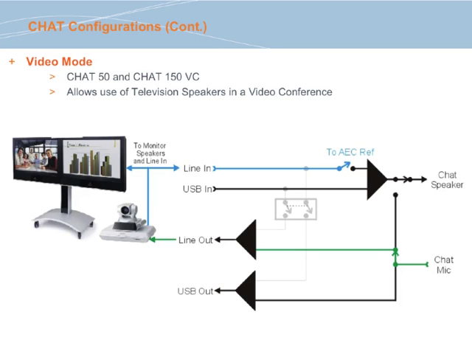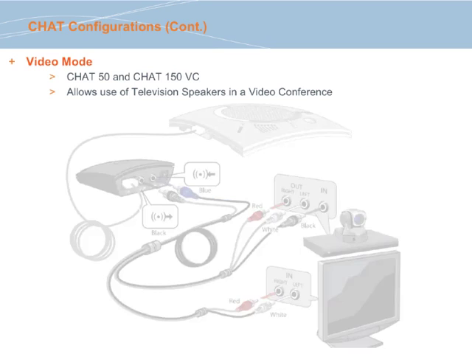However, it must still be connected to the line-in of the chat, so the acoustic echo canceller has a reference of the audio coming into the room. Microphone audio is not affected and is routed to the line out, which is connected to the video conference system's input. This option will require a custom cable for the Chat50.